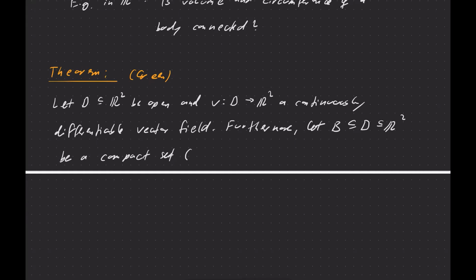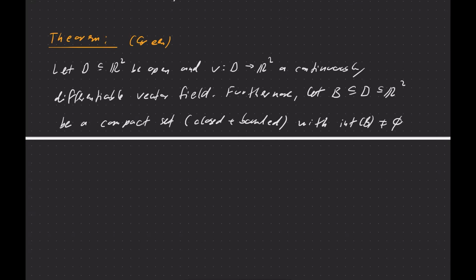And remember, compact means closed and bounded. And we want it to be non-trivial, meaning the interior of B needs to be non-empty. And that excludes subdimensional sets, so to say. So, for example, a line segment in R2 that would have empty interior. So things like that are excluded. So we need a set that really has dimension 2.